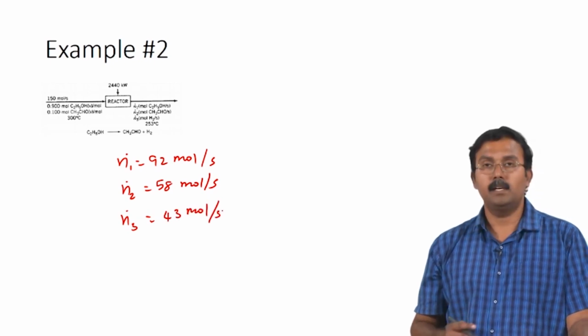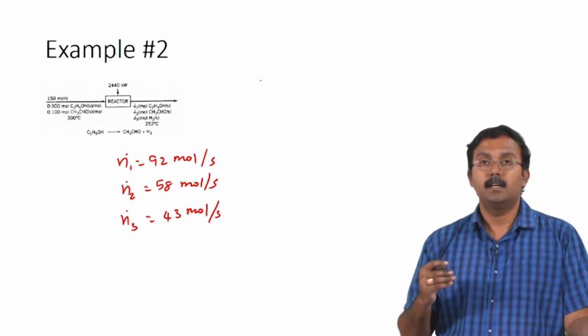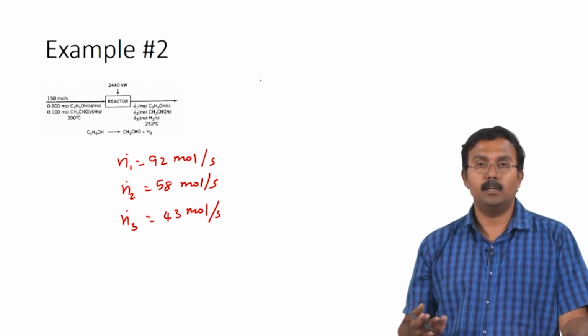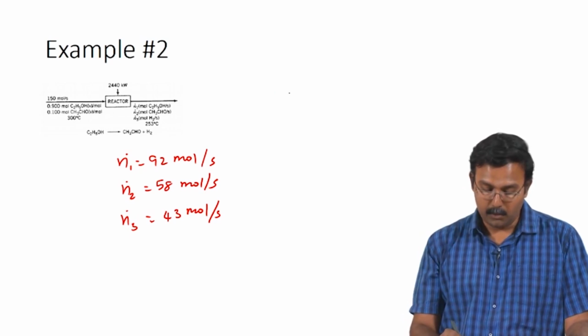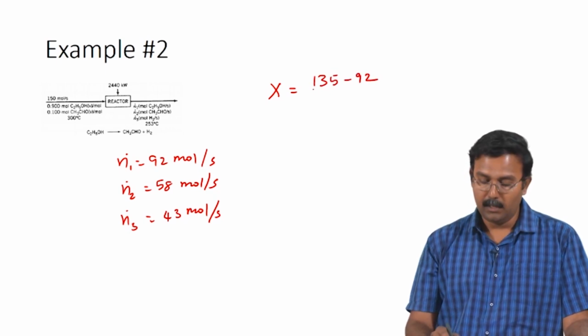So, we need to calculate the conversion of ethanol. Conversion is defined as amount consumed divided by amount fed. If you want it in terms of percentage, we will multiply it with 100. So, here conversion X would be equal to 135 minus 92, which is the consumption of ethanol.